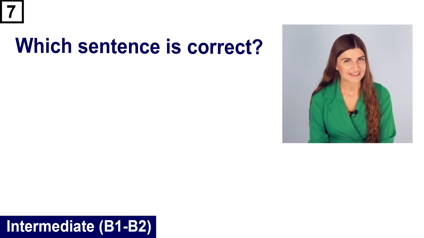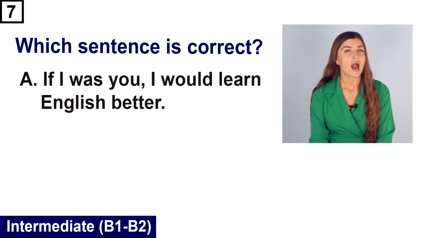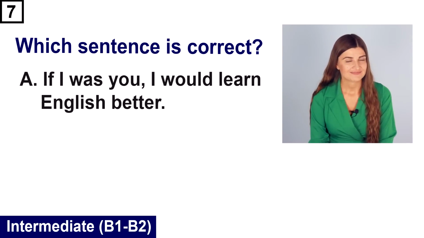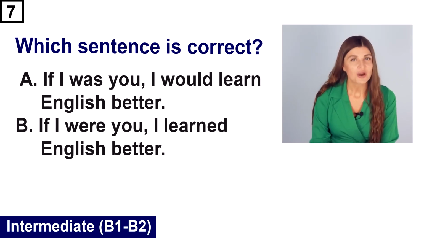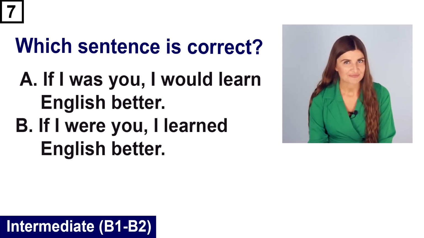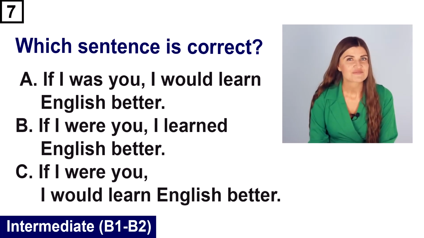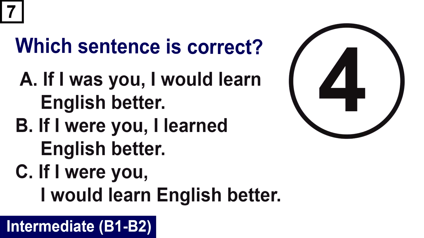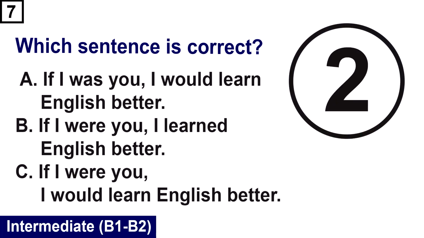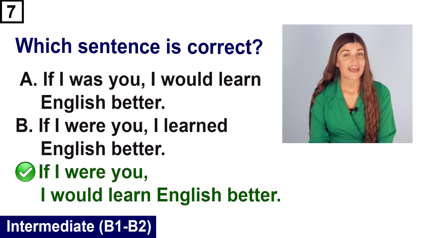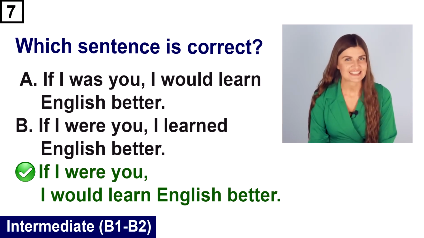The next question. Which one is correct? If I was you, I would learn English better. If I were you, I learned English better. If I were you, I would learn English better. Again, this is a conditional sentence.